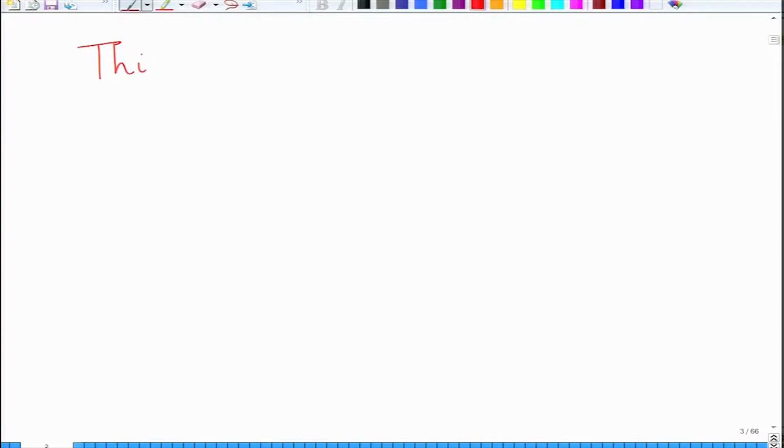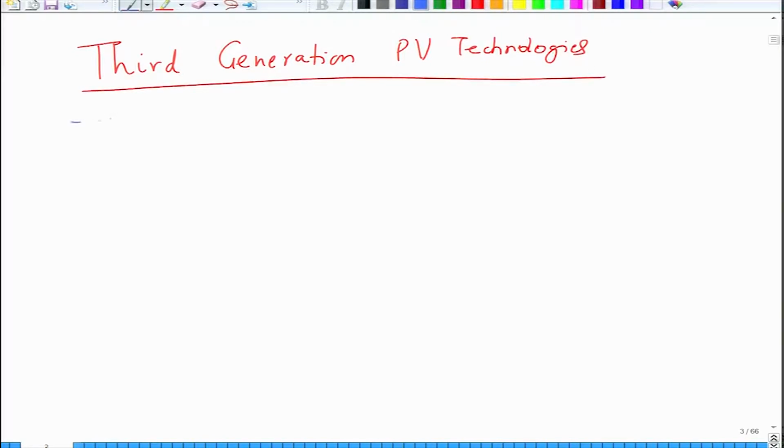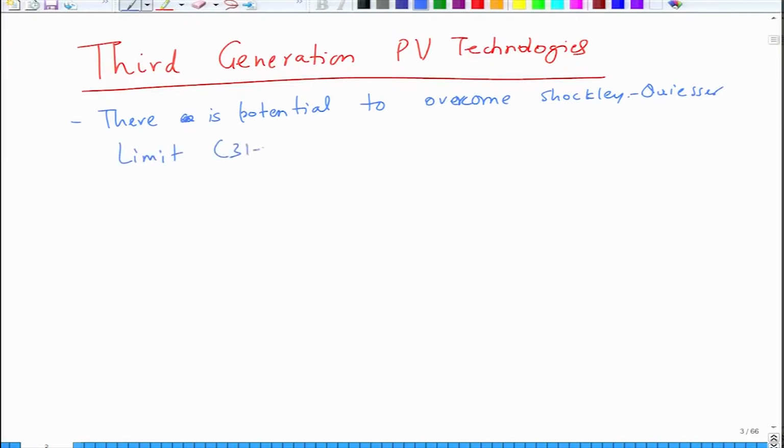These are called third generation PV technologies, and these are primarily because there is a potential to overcome the Shockley-Queisser limit, and that limit places efficiencies at about 31 to 41%, and there is a potential in these technologies to overcome this limit.